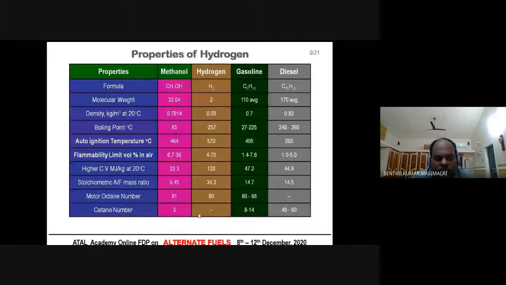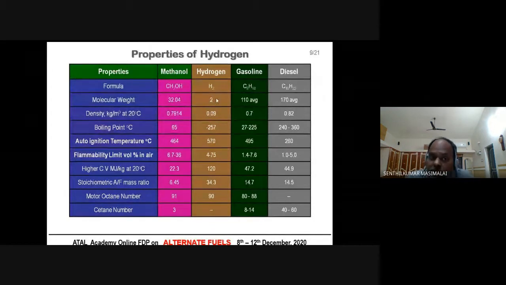So we cannot use hydrogen in a diesel engine directly. But there are methods for using hydrogen in a diesel engine, like the dual fuel mode of operation. Whereas if you look at the properties of hydrogen, it is best suited for use in a spark ignition engine.